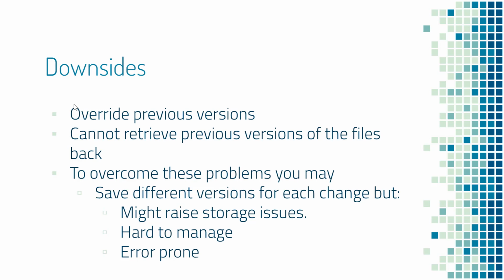To overcome these problems, one of the solutions we may use is to save a different version for each change. So let's say for today's modification, we will have a directory, or we can name the file day 1 file. For the next day, we will create another file, or we copy and paste in the same location and change the name.